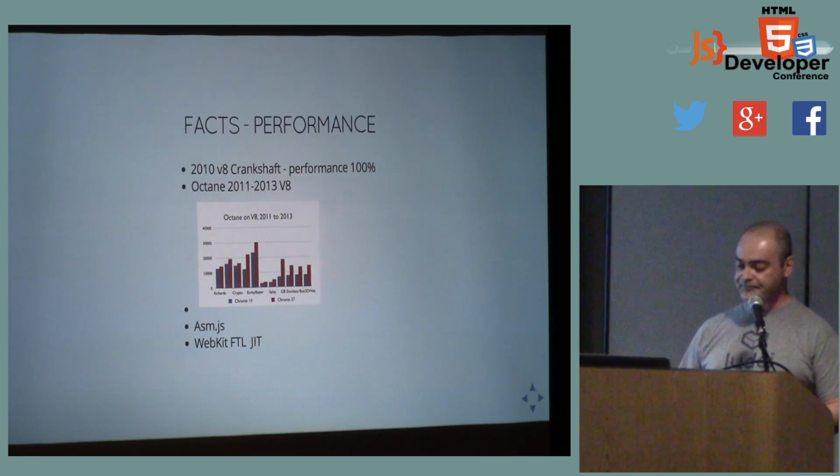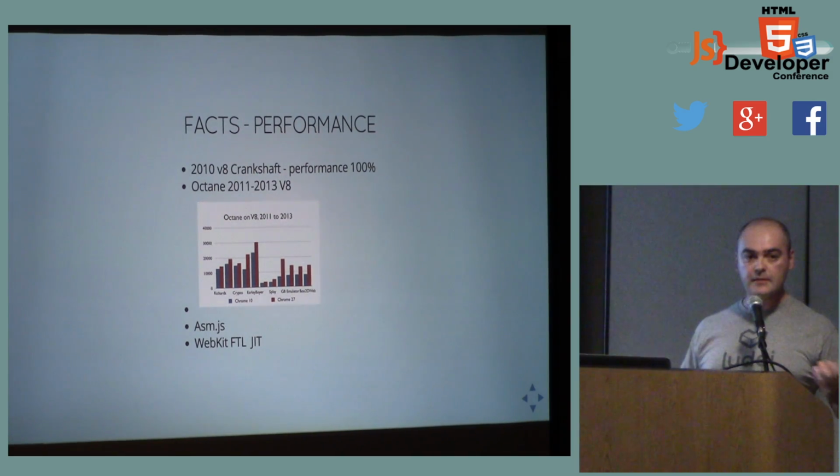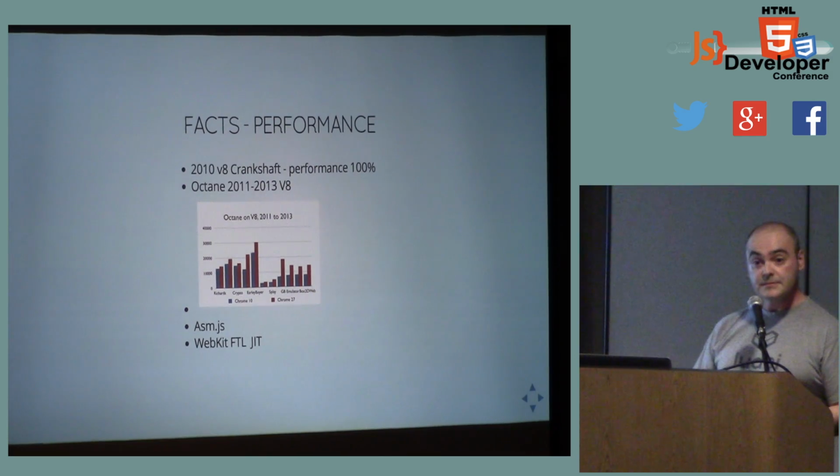Then we have ASM.js around, and I think that many of you are already into HTML5 and JavaScript gaming development. Honestly, I will never write code like ASM.js requires to be compelling and highly performant, but anyway, it is there. And then the other day I read something about these guys at WebKit.